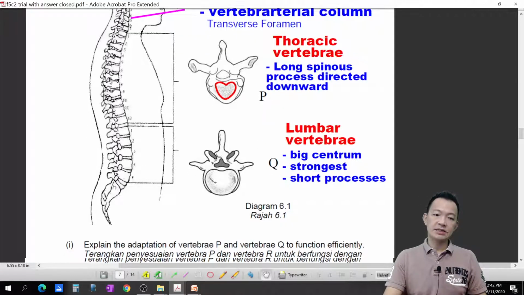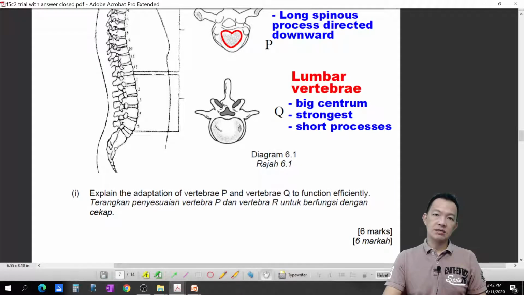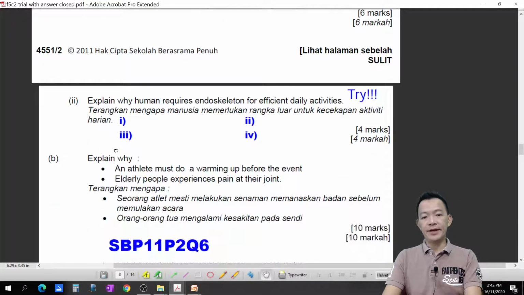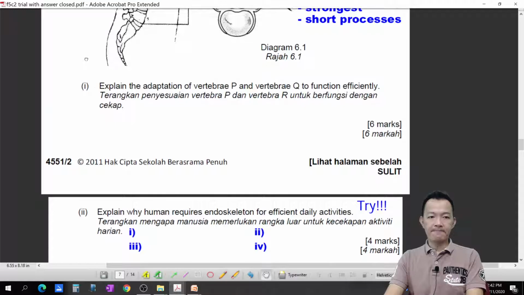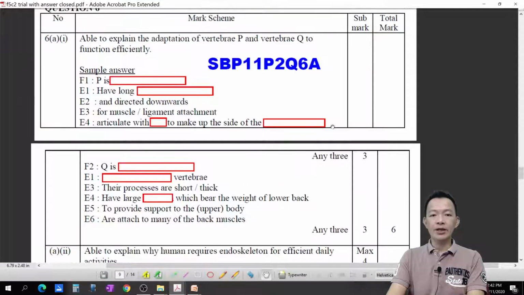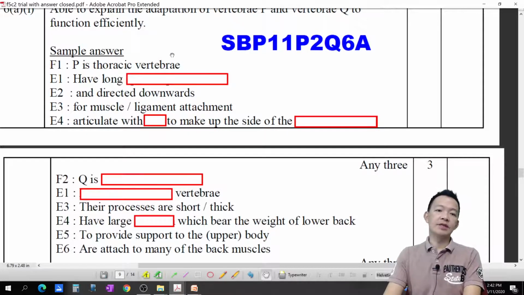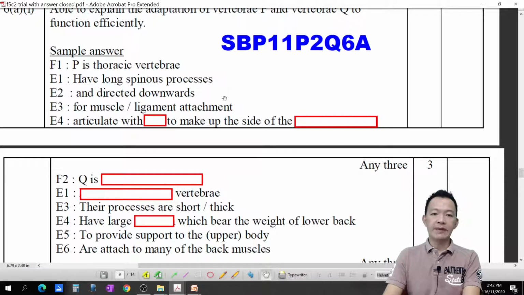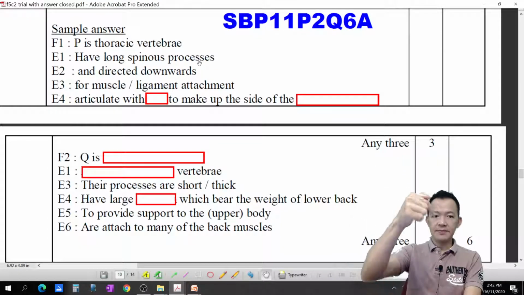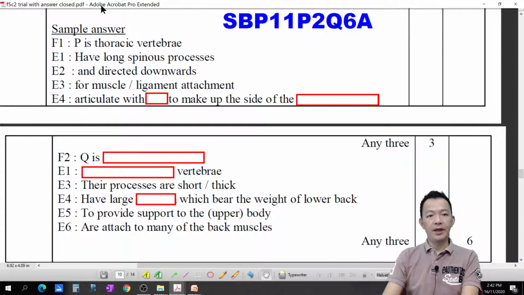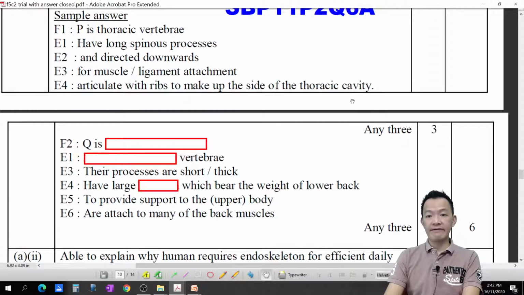The sacrum and coccyx were not asked, so don't worry. So for 6 marks: P is the thoracic vertebra, with a long spinous process directed downward, for muscle and ligament attachment, and it articulates with the ribs to make up the side of the thoracic cavity.